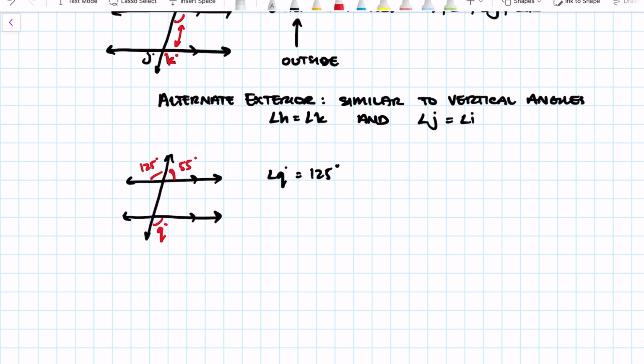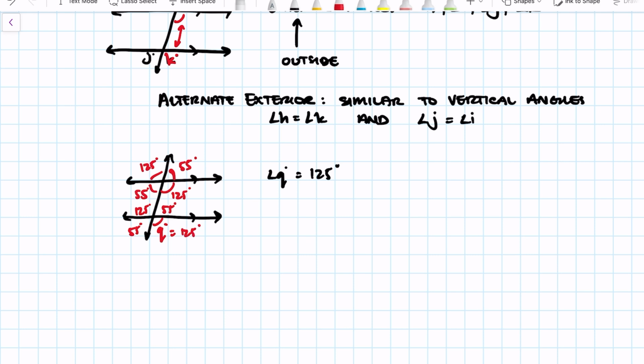So many different rules that you can use, but let's just use vertical for this one. I know it's 125 degrees. And if I subtract from 360, then I should be left with 55. Or I could use another vertical angle rule. And then this allows for all the other angles below to also be the same. So 125, 55, 55, and 125.